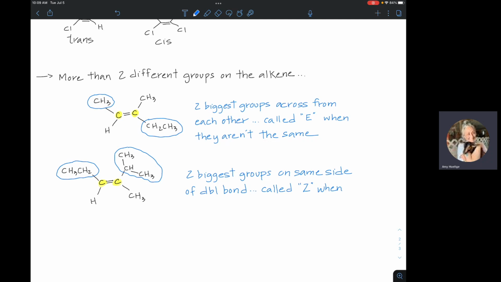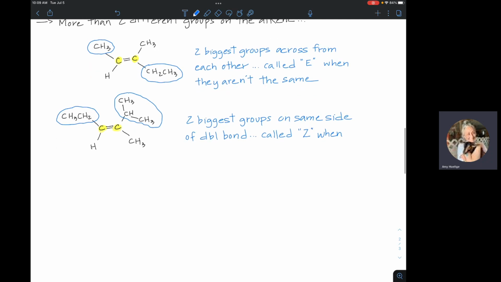These letters come from German words, for across from or on the same side. I can totally understand why the Z looks like it should be the across from, right?